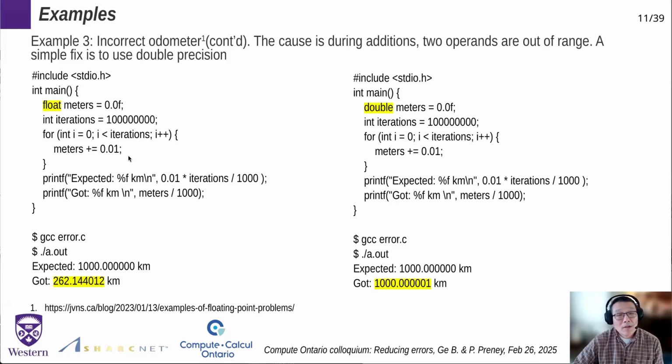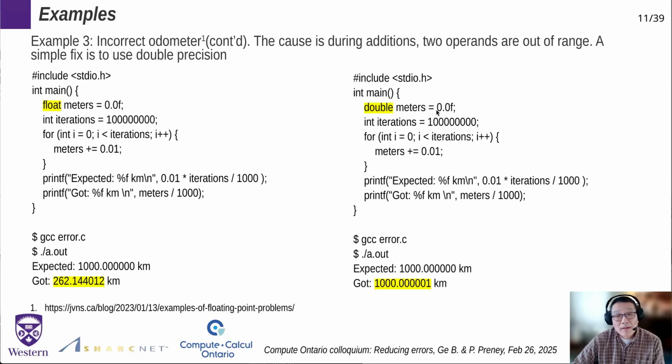When we put two extreme numbers together and try to do addition, we lose the accuracy. And plus, here we store the meters in single precision. Single precision only gives us up to 9 digits, but the reliable digits are up to 7. Okay.